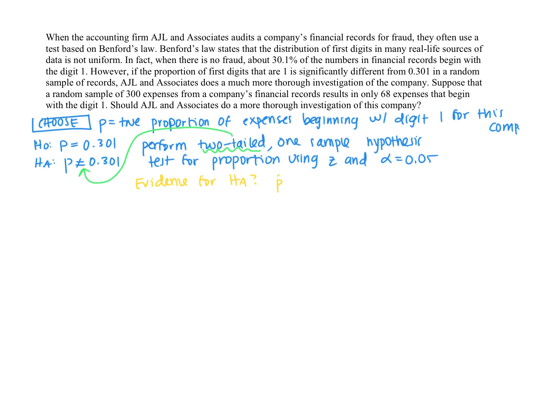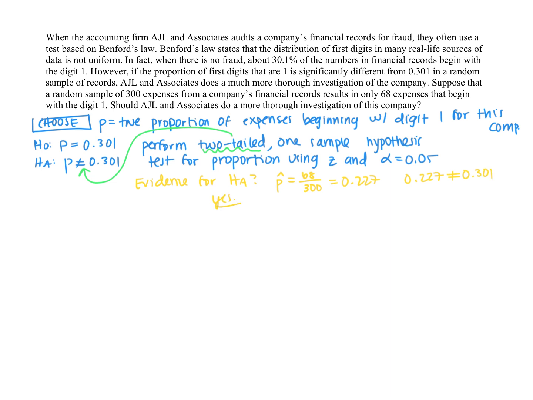Well, the sample proportion is 68 out of 300, which ends up being about 0.227. Well, that 0.227 is definitely not equal to 0.301.